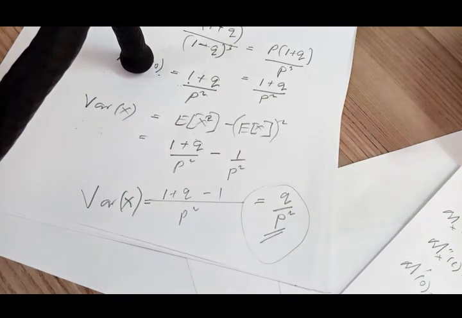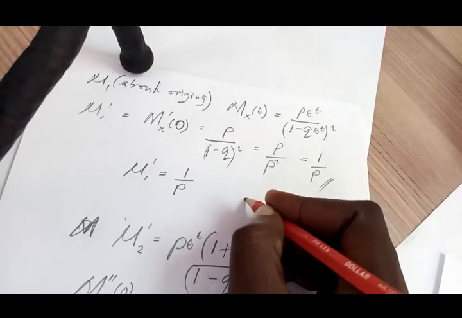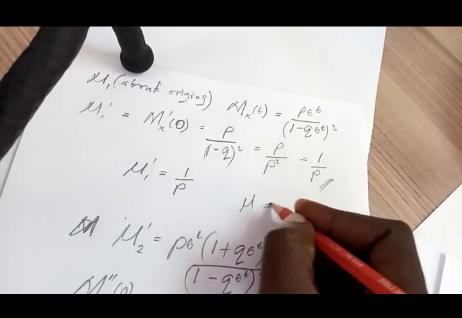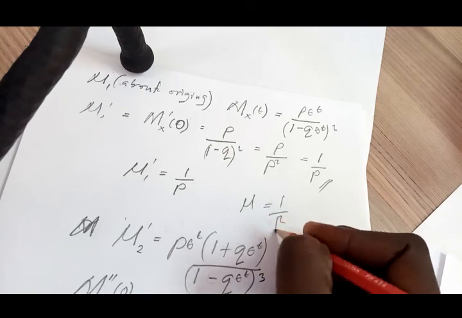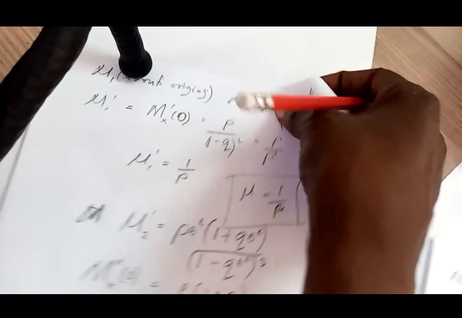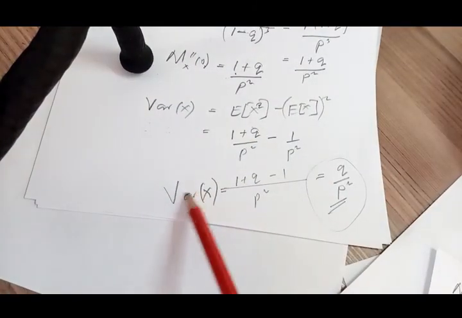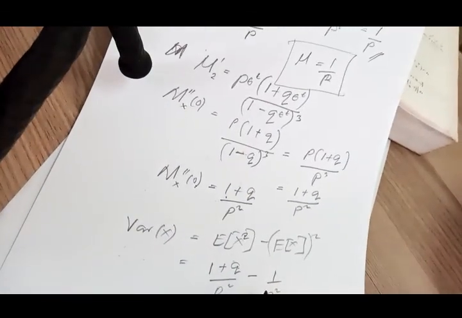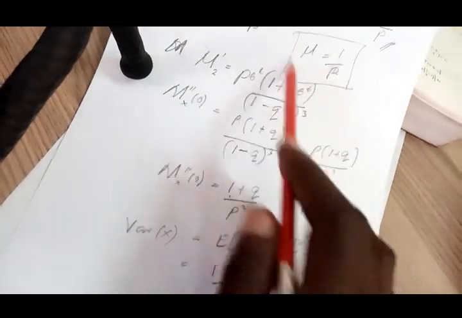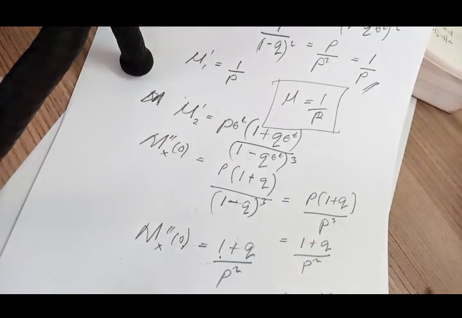And our mean mu is going to be 1 over p. So these are the two values that we can find when we apply the concept of the moment generating function, the variance and the mean. Okay, this is basically the way to do it.